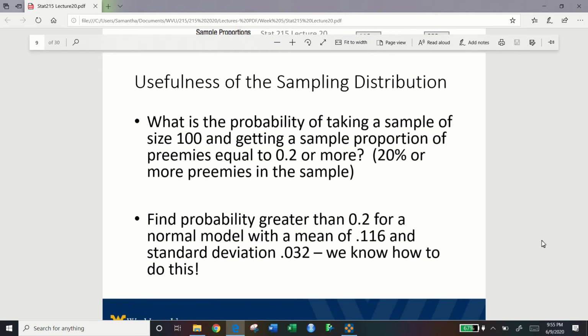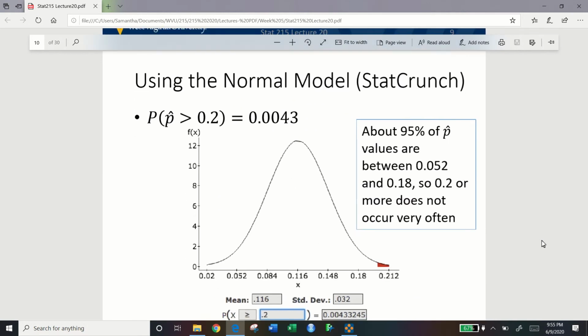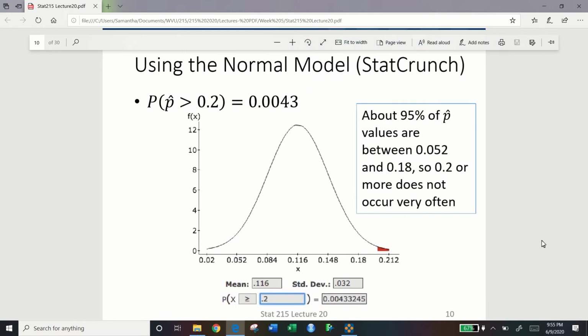This is something we already knew how to do. In fact, we can do this in StatCrunch. So if we want to find the probability of p hat being greater than 0.2, we can easily find that the answer to this would be 0.0043.